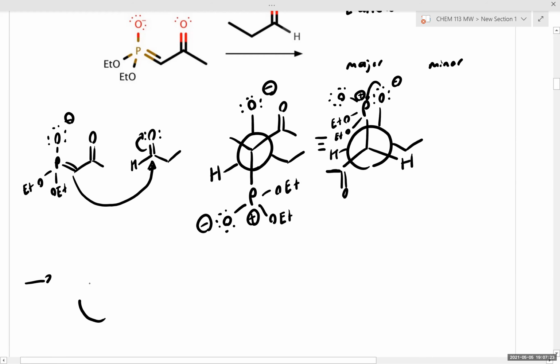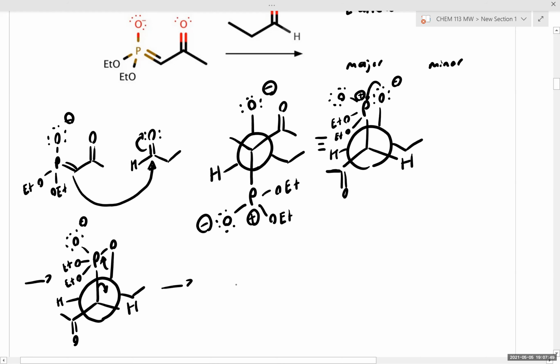After we form our phosphorus-oxygen bond and make this betaine intermediate, this betaine intermediate collapses via a retro 2+2 reaction, and that gives us our corresponding E alkene.